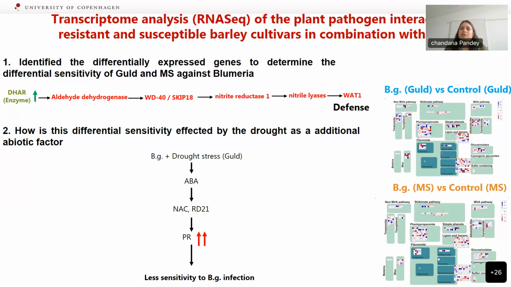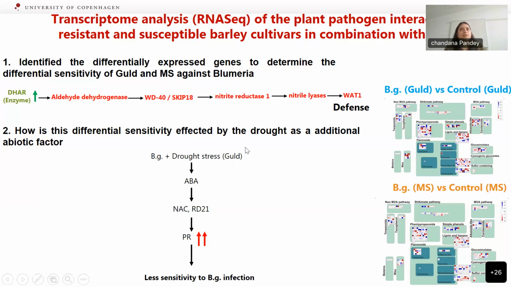Here again, we want to compare these two pathogens, how they affect the same cultivar in two different manners, and what is happening inside the plant to make it tolerant or sensitive. So we are investigating that, and this is the pathway that we have.